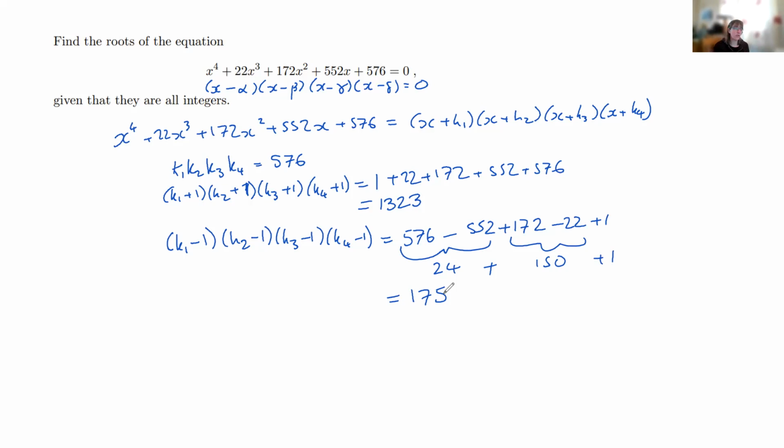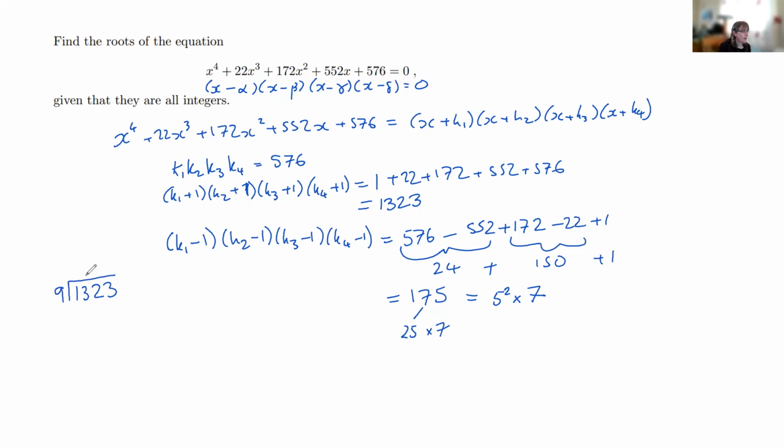We've got products of things which are integers, so it is quite helpful if we can factorize some of these. 175 factorizes to give you 25 times 7, so 175 is the same as 5 squared times 7. 1323, I know it's divisible by 9 because if I add up the digits, 1 plus 3 plus 2 plus 3, that gives me 9.